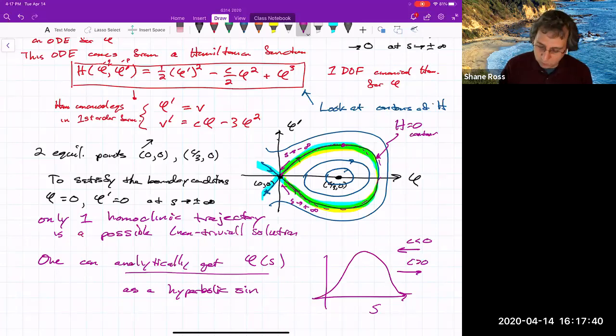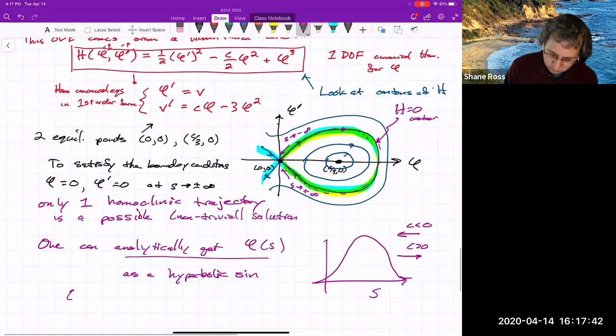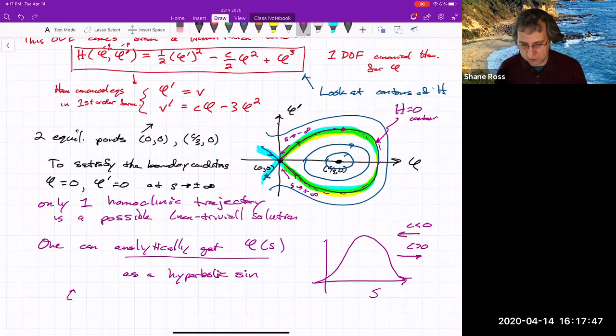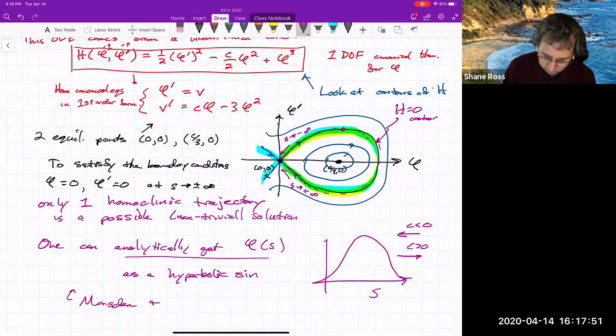And if you want to know more, this is in one of the chapters that I posted on infinite-dimensional non-canonical Hamiltonian systems. It's the Marsden and Ratiu, either chapter, I think I did chapters 1 and 3.